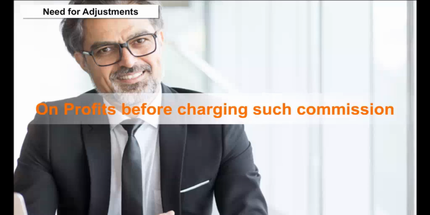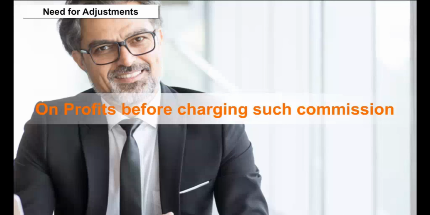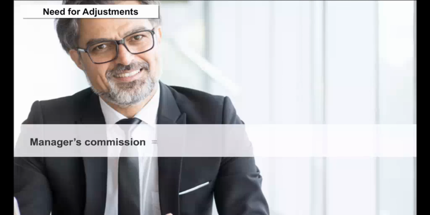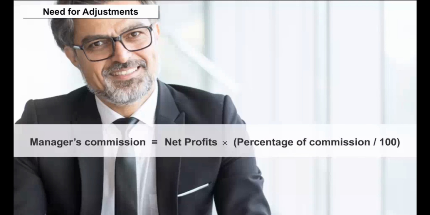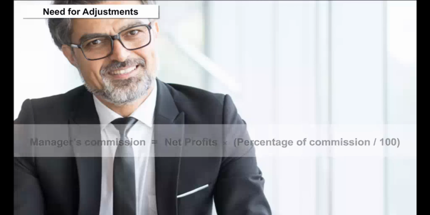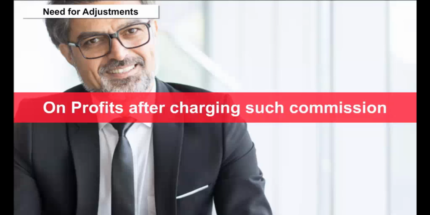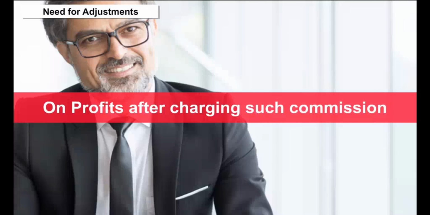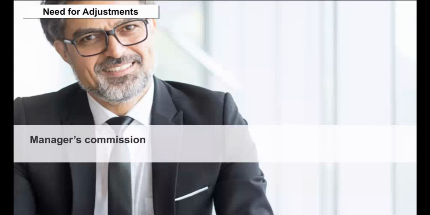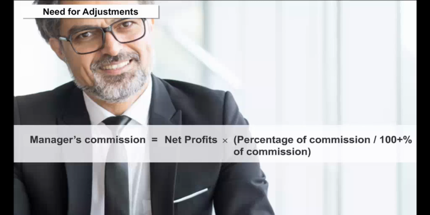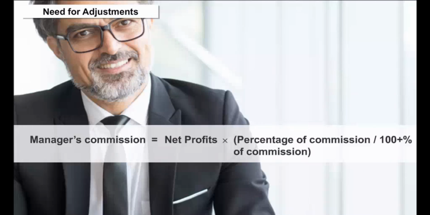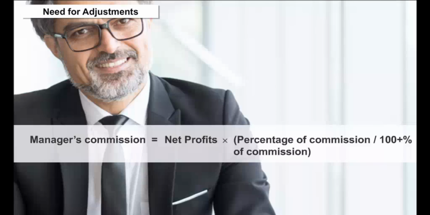First, on profits before charging such commission, manager's commission is equal to net profits into percentage of commission divided by 100. Second, on profit after charging such commission, manager's commission is equal to net profits into percentage of commission divided by 100 plus percent of commission.